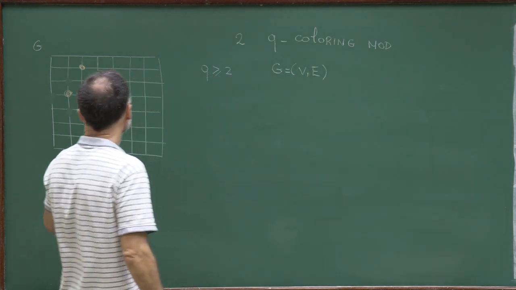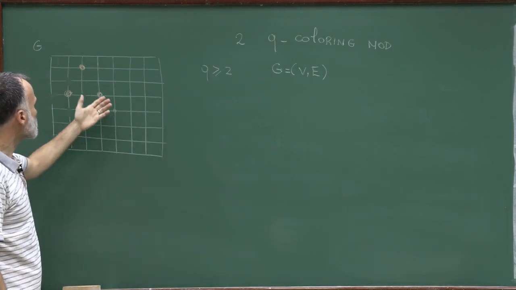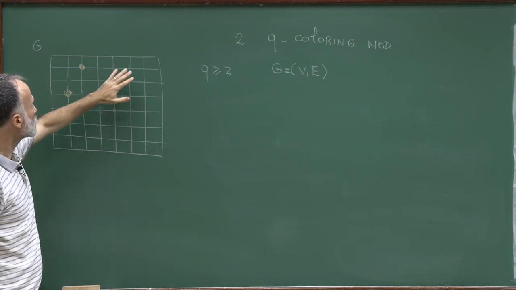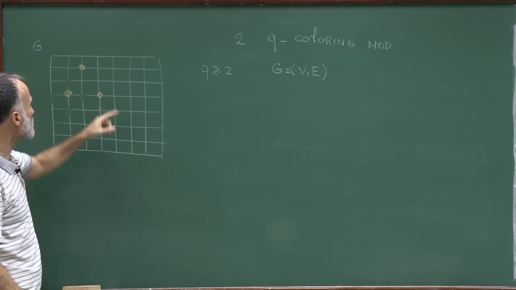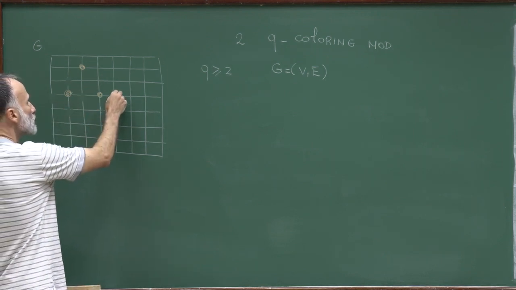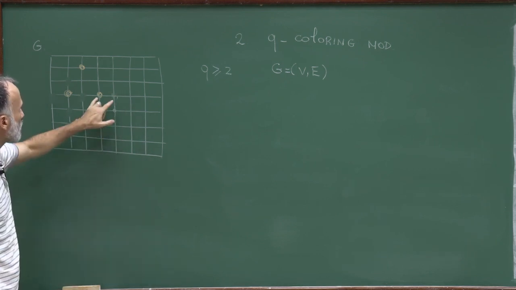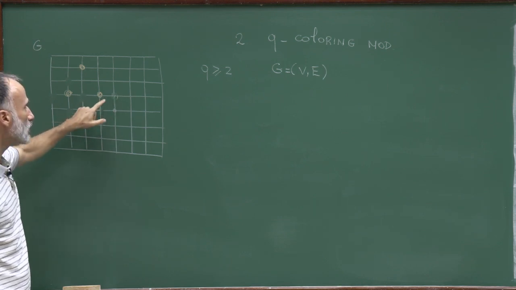What you'll do is you interpret this Q as a certain number of colors. So you want to put a color on each point of your set V, but in such a way that if you choose two points which are connected by an edge, these two points have to have different colors.